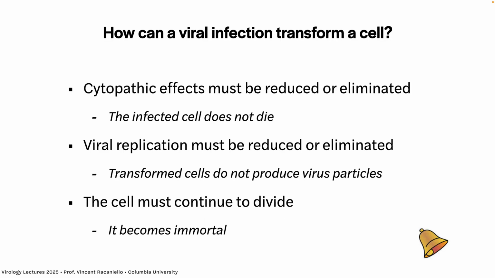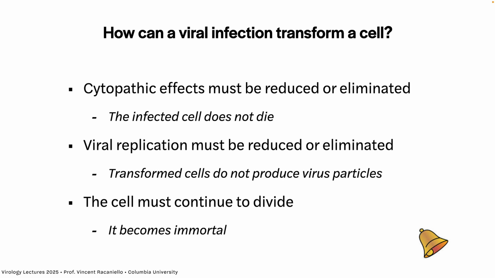How can a virus transform a cell? There are 3 requirements. First, you can't kill the cell, right? The virus kills the cell. How can it live forever? So cytopathic effects have to be eliminated. Second, you have to reduce virus particle production, which can also kill cells. And in fact, transformed cells do not produce virus particles.